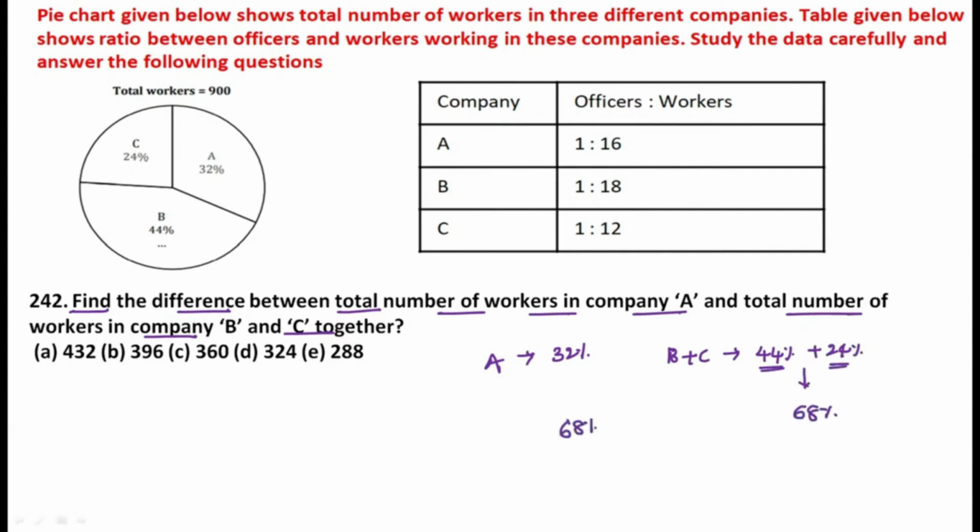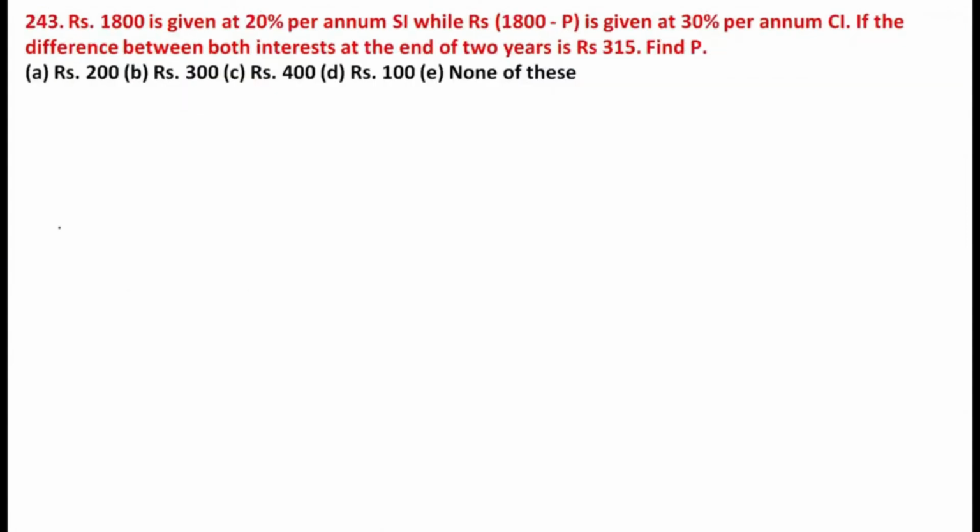Now the difference of 68% and 32% is your answer. 8 minus 2 is equal to 6, 6 minus 3 is equal to 3. So now the answer is 36%. See, 36% means 36 into 9. So 36 into 9: 9 sixes are 54, 9 threes are 27. Now the total is 324. Now see the next question.